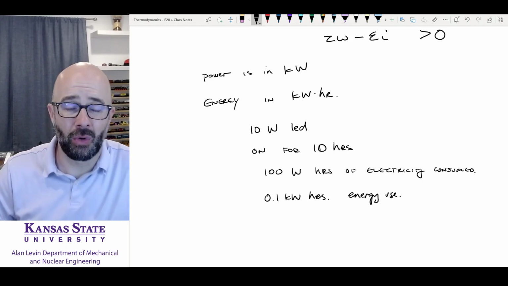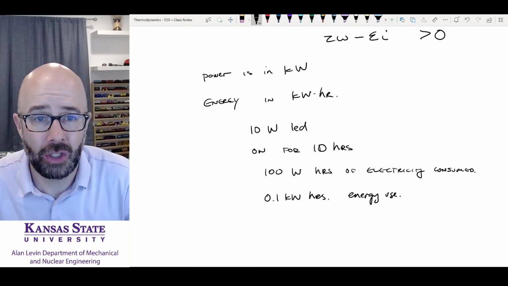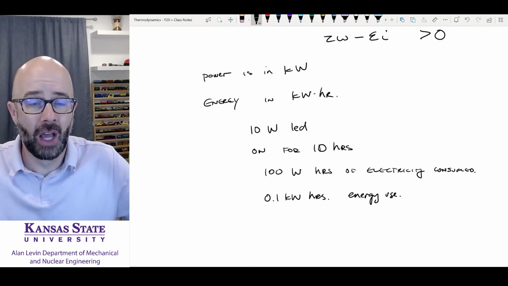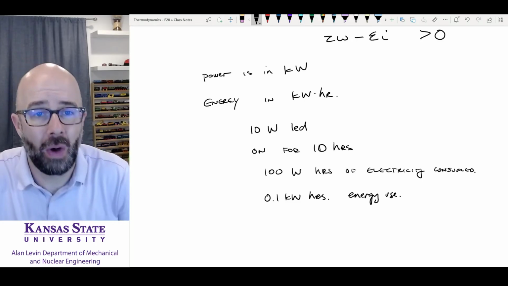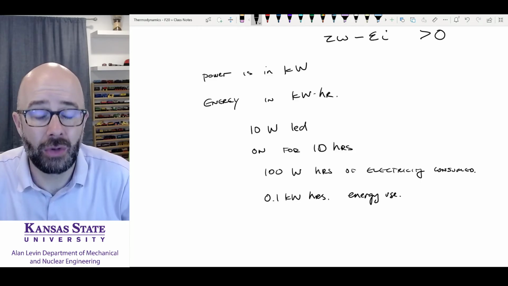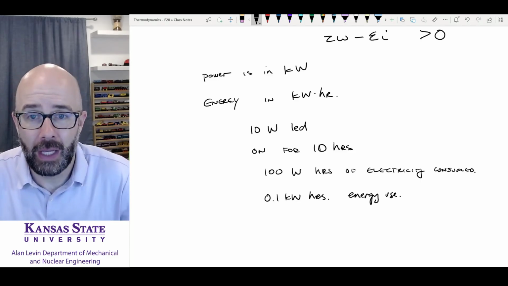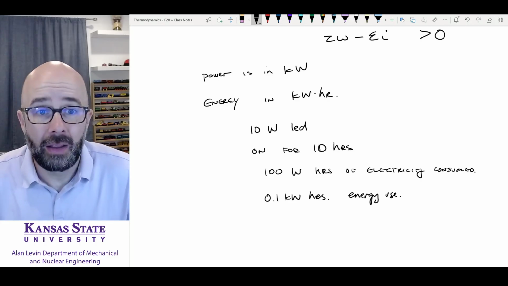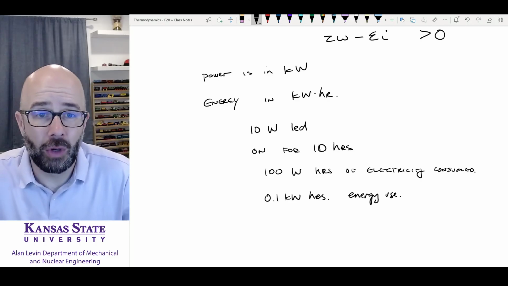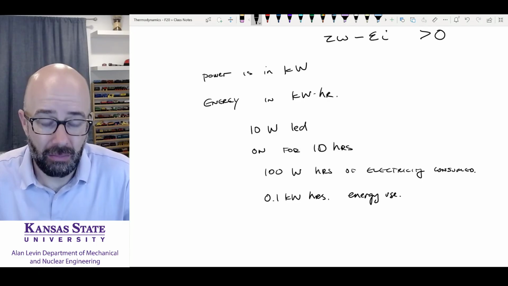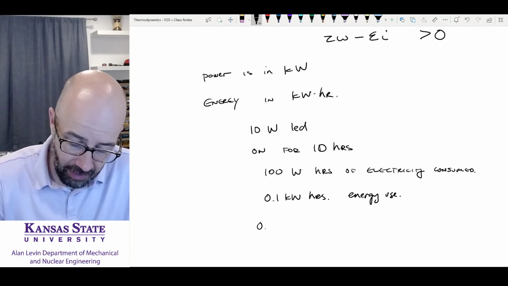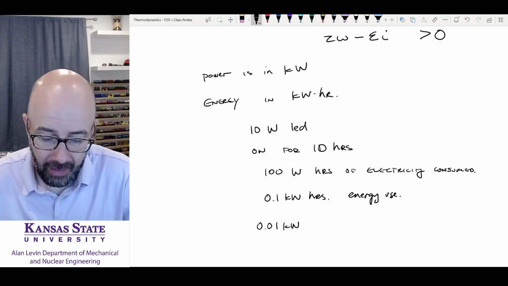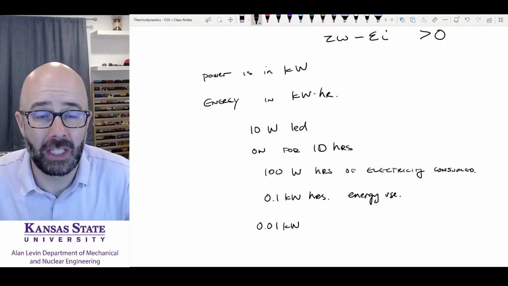This is what we pay for. How many kilowatt hours of energy did you use? You had all these things that had so many watts and used it for so many hours. We add all that up. This is how many kilowatt hours of electricity you used. That is going to be what you pay your bill for. Now, the demand on that light bulb for the power was just 0.01 kilowatts. We convert that 10 watts to kilowatts as 0.01 kilowatts.